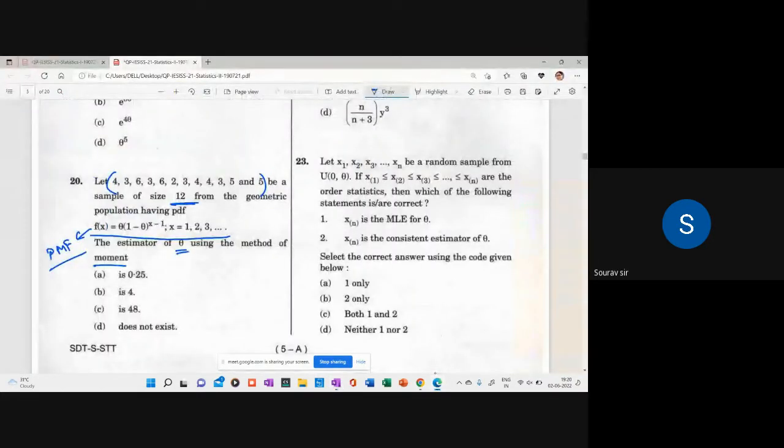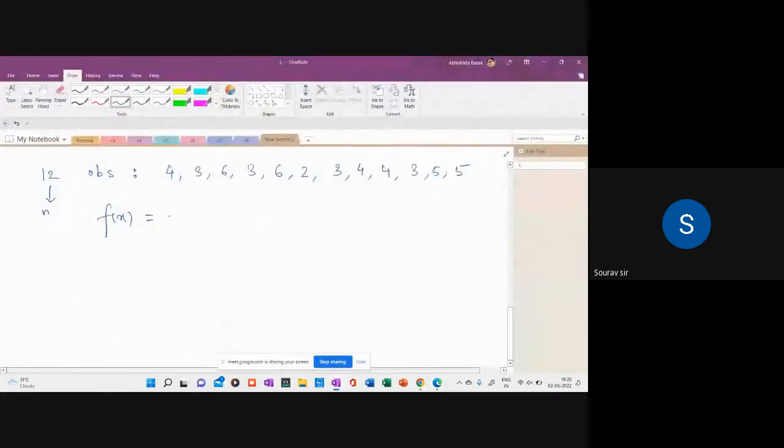It's theta into (1 minus theta) to the power x minus 1, where x runs from 1 up to infinity. This is the form of the distribution.